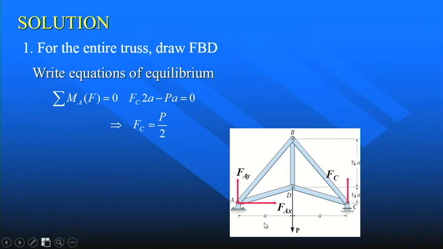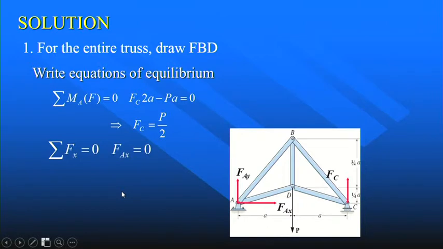First, write the moment equation about A. Sigma MA equals 0. Here FC times 2a minus P times a equals 0. And finally, we can get FC equals half P.